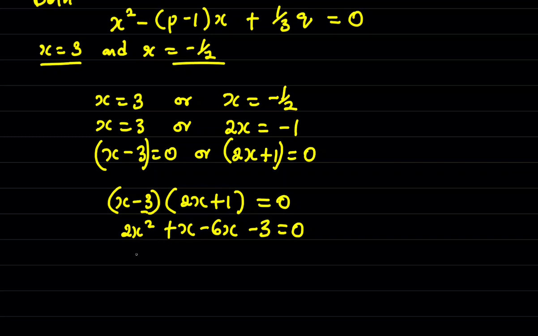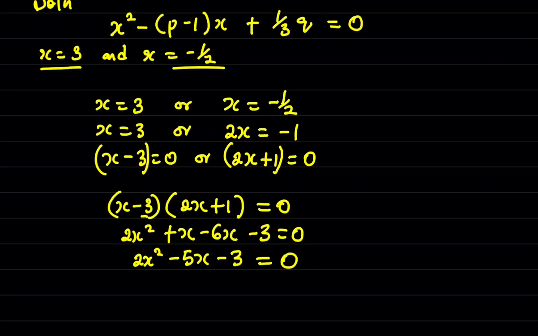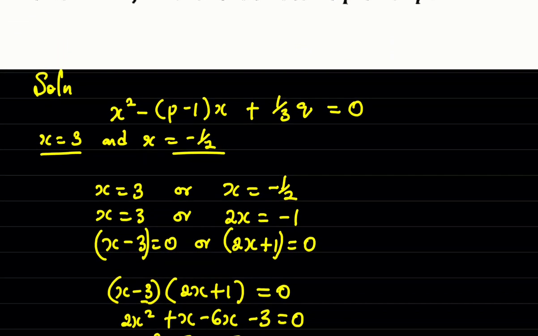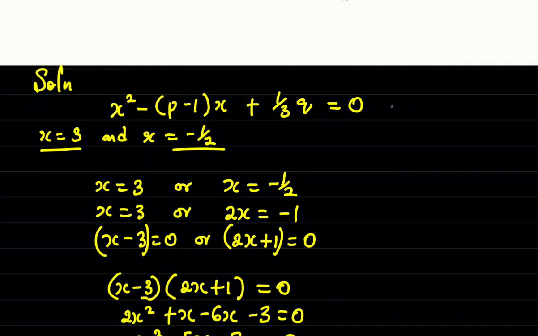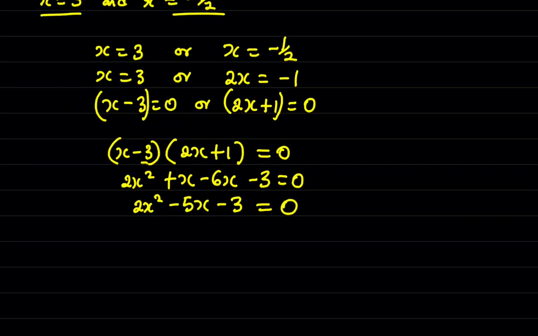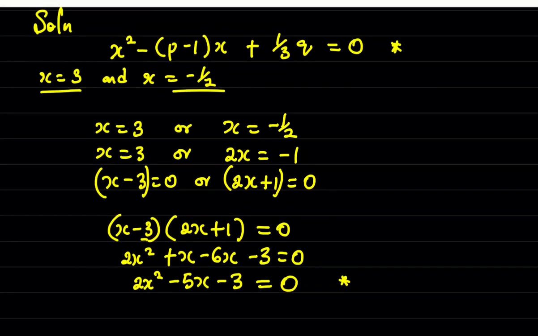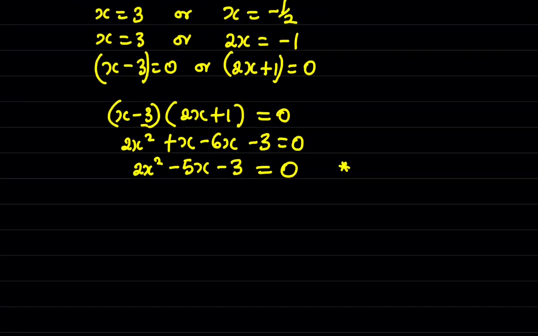So I'm going to have 2x squared minus 5x minus 3 equals 0. Now remember, we're told that this equation is for these two roots, and we found this equation too for those two roots. So it means that it must be the same.